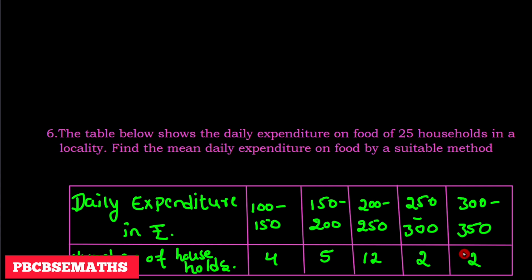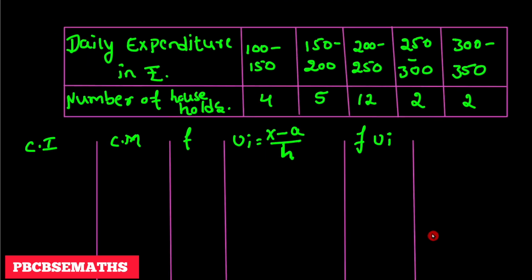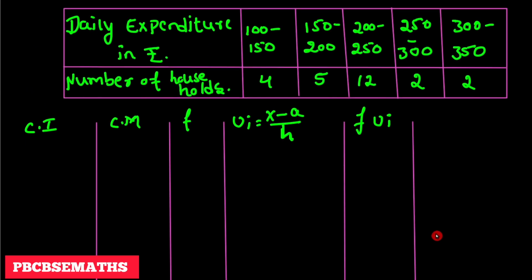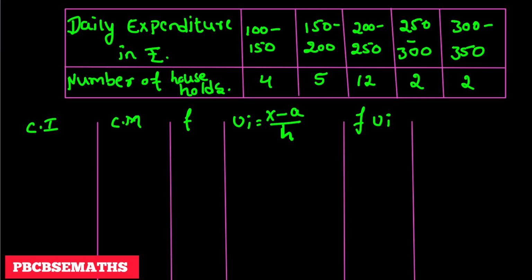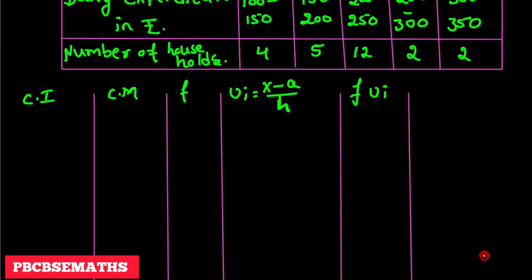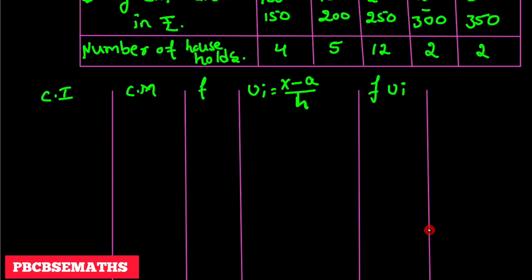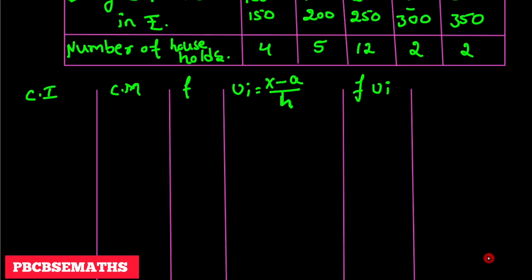For that, as usual, we're going to draw the table of class interval, class mark, frequency, then u_i, the deviation. Then we will find out f_i u_i. So let's calculate all these things now. First class interval is 100 to 150.